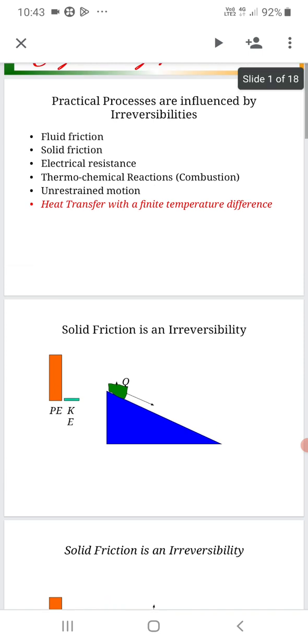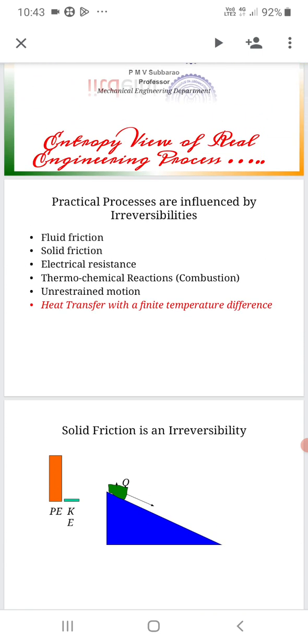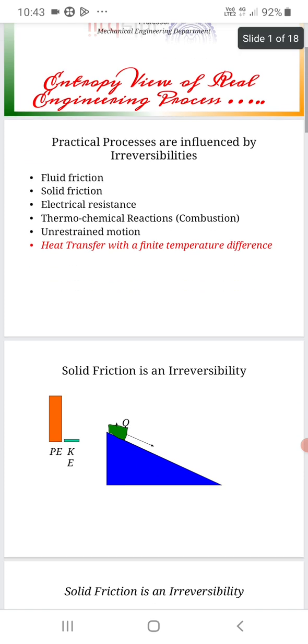So in practical processes, irreversibility is fluid friction, solid friction, electrical resistance, thermochemical reaction, unrestricted motion, and heat transfer with a finite difference also.